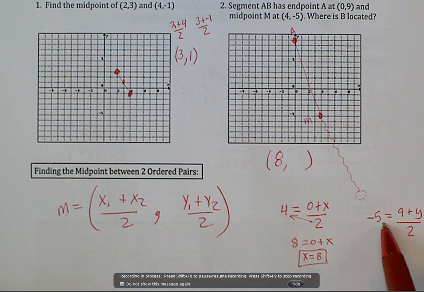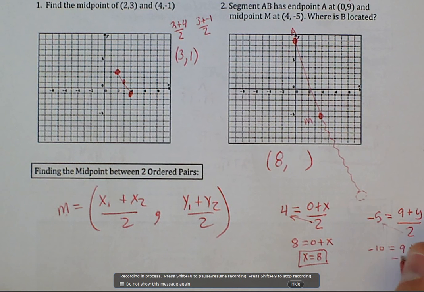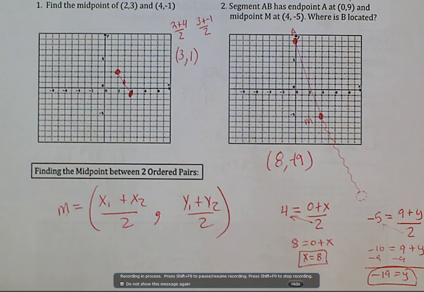Times 5 by 2, you get negative 10. Subtract 9 from both sides, you get negative 19 equals y. So your other coordinate is 8, negative 19. Just double check it. Here's 8, there's 6, 7, 8, and down 19. Now obviously, I can't go 19, but it's going to be somewhere down in the area that I was thinking it would be in. Okay?